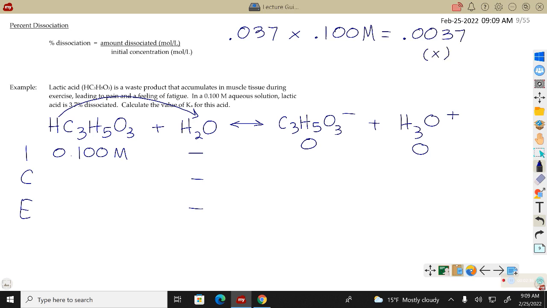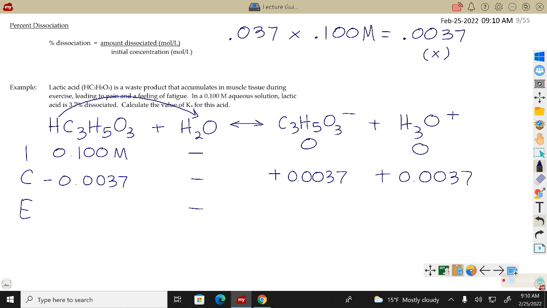That's kind of like our x value. I don't need to solve for x because I know the shift. Now, if we're going forward, this is going to go down by 0.0037, and my product ions will go up, 0.0037, and up by 0.0037. And one nice thing about acid-base ice tables is that you're usually dealing with 1-to-1 ratios.